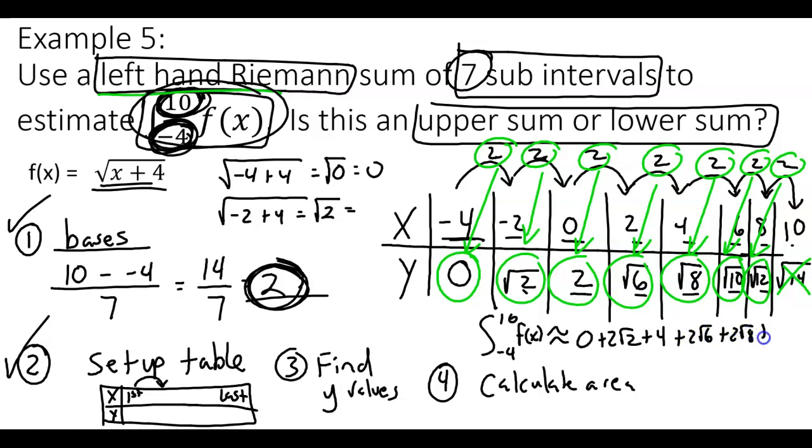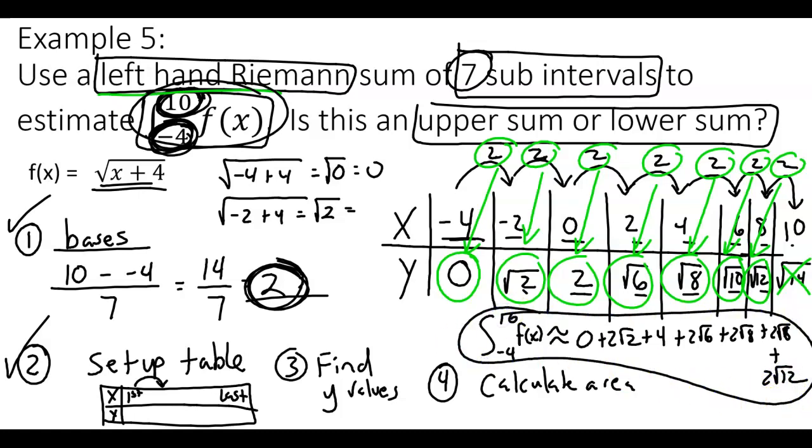And so on. And we don't have to simplify it. This is approximately what the area under the curve would be for this integral if we're doing a left-handed sum with 7 rectangles. And that's it.